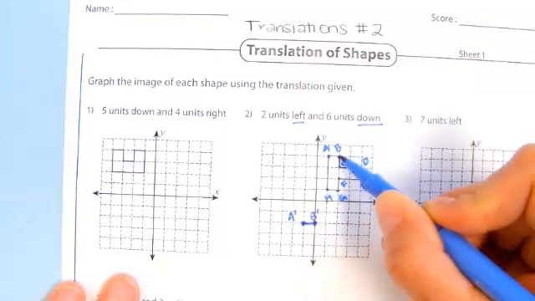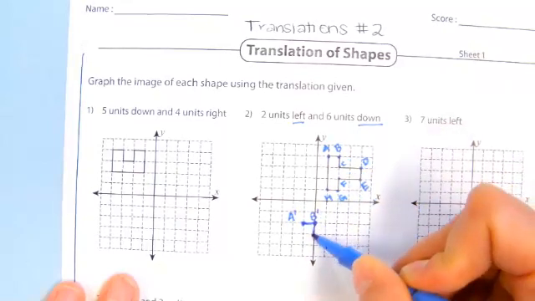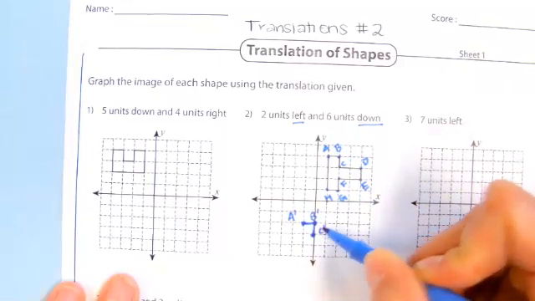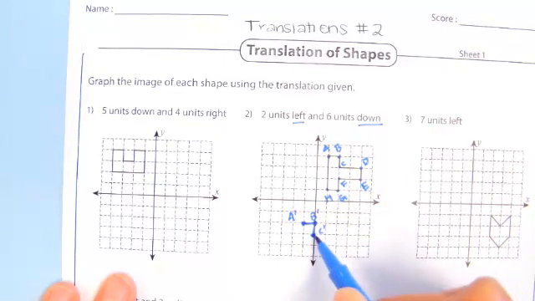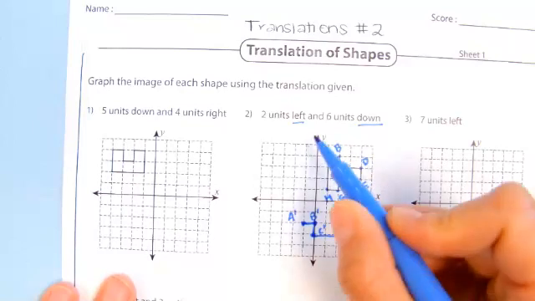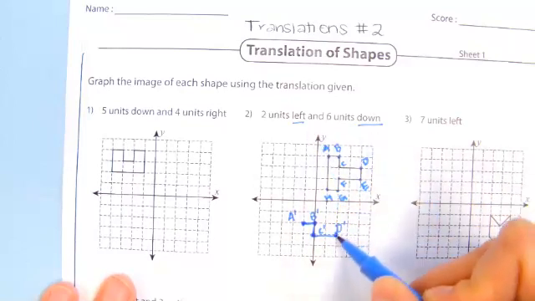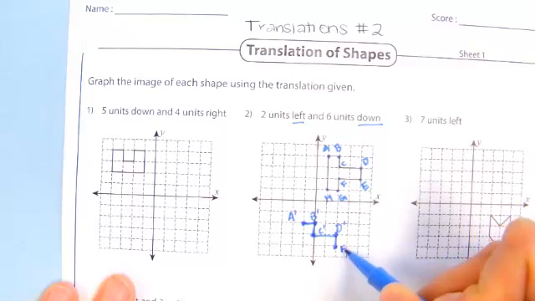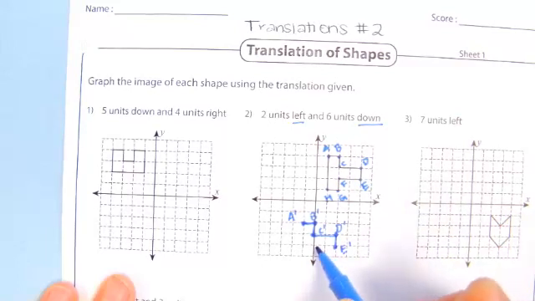Here's B prime. And then to get to C, I only have to go down 1 unit. So you can draw it in by counting the units instead of counting each one to go left 2 and 6 down. So D to E is only 1 unit. So I'm going to go down 1 and label. So you're really just copying the shape that you see in a new location.